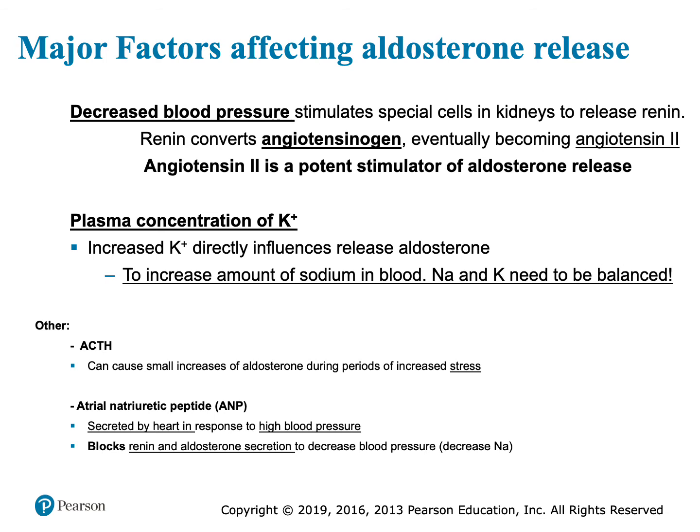If that sounds complicated, it should. It's very complicated. But in a nutshell, for this unit right here, you need to understand that aldosterone's job is to increase sodium in the blood, and the end effect is to increase your blood pressure if you're in a crisis.